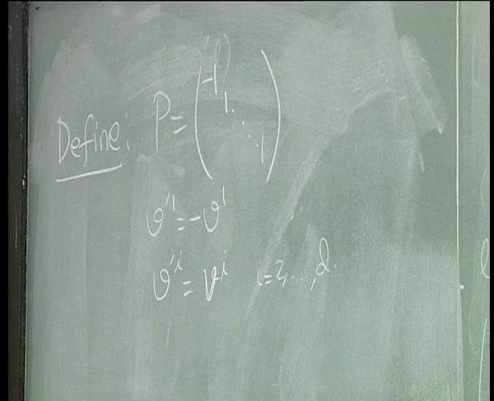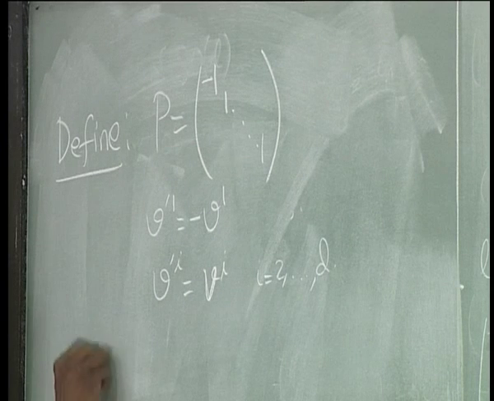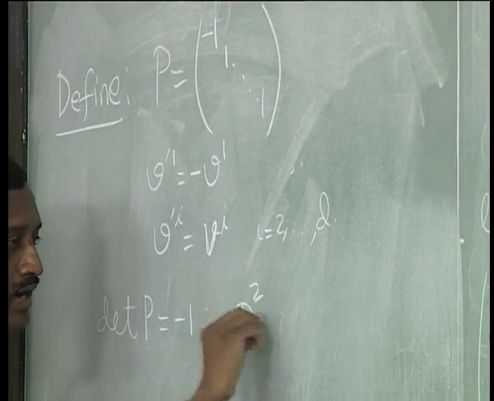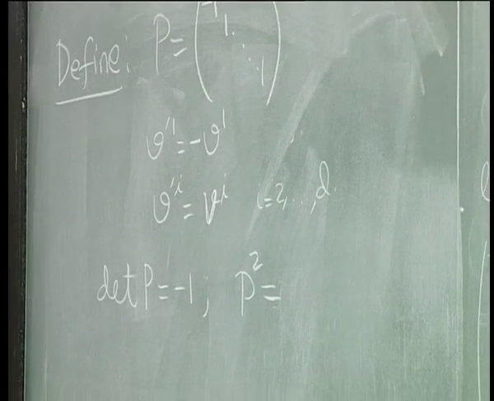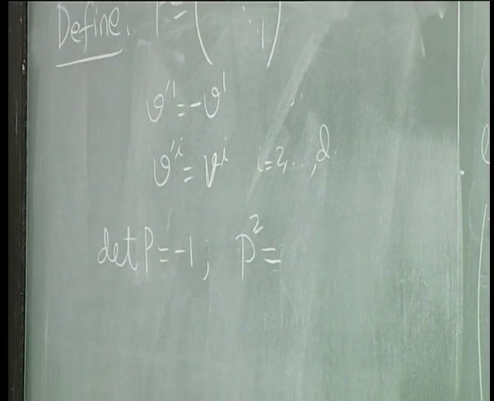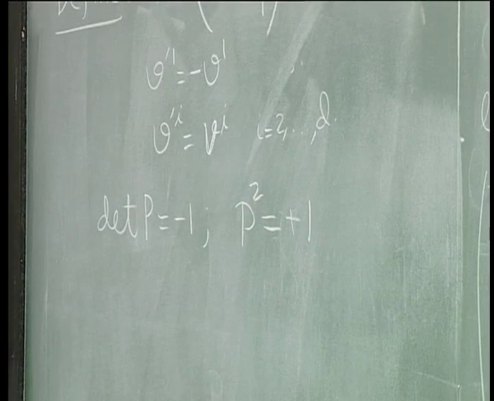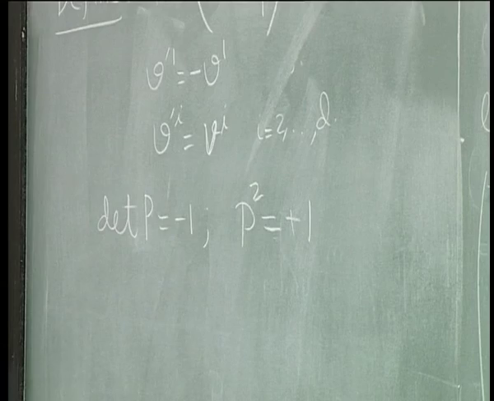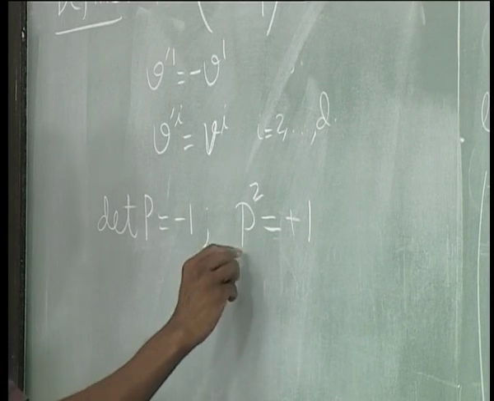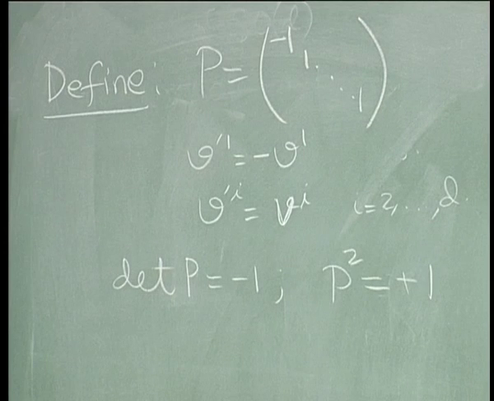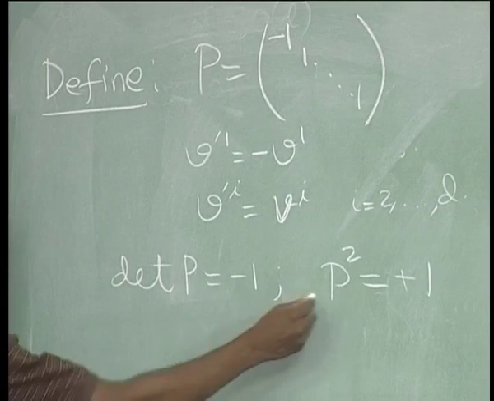This has two properties: determinant of P equal to -1 and P square equal to +1, it squares to 1. Okay. Since P square squares to 1, it implies its eigenvalues are either +1 or -1. Okay. So this lets you distinguish.